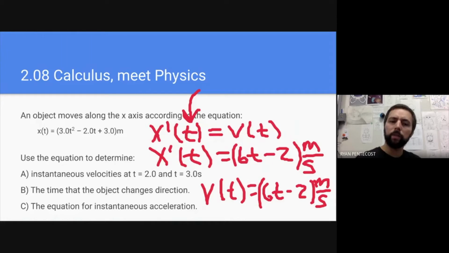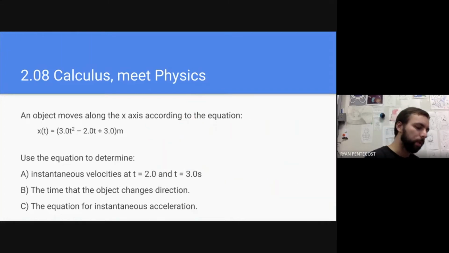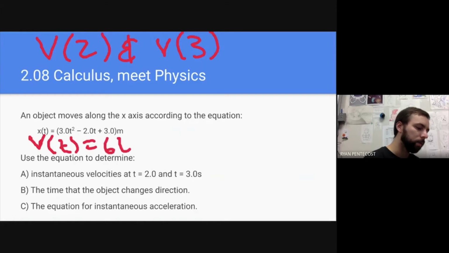Now we need the instantaneous velocities at t equals 2 and t equals 3. So what they're really asking us to do is find v of 2 and v of 3. So to do that, we would plug in. Now I'll write our equation down here. v of t is 6t minus 2.